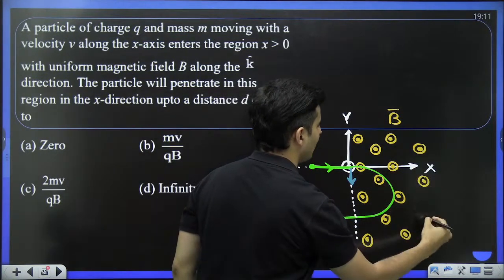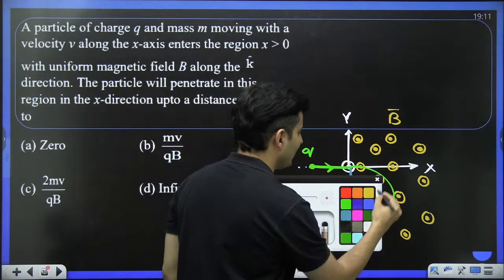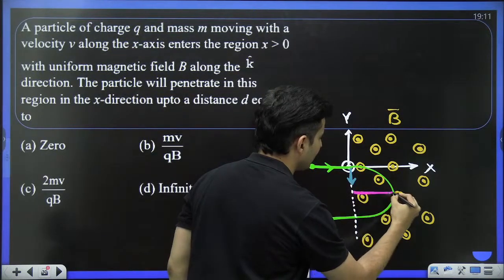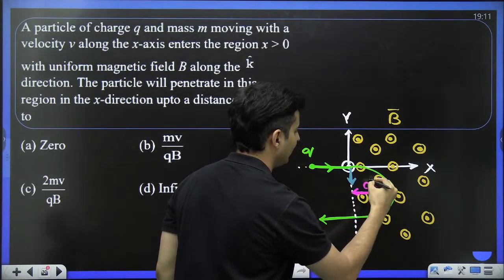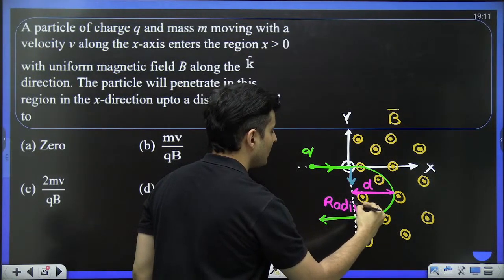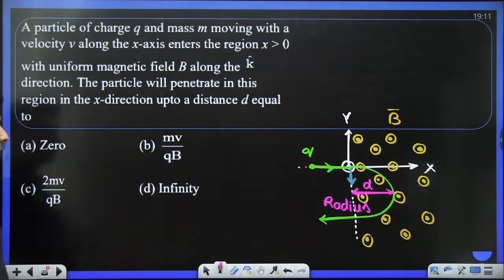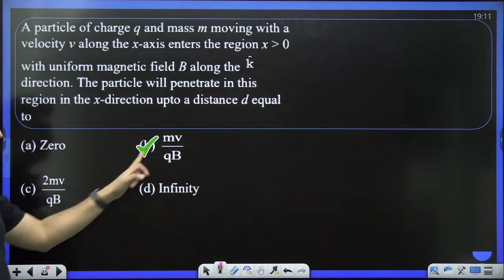The magnetic field is everywhere over here. How deep is it going? Meaning they are just asking you, what is this distance? Isn't that distance actually equal to the radius of the circular motion? And the radius formula is nothing but mv by qB, which is option B.